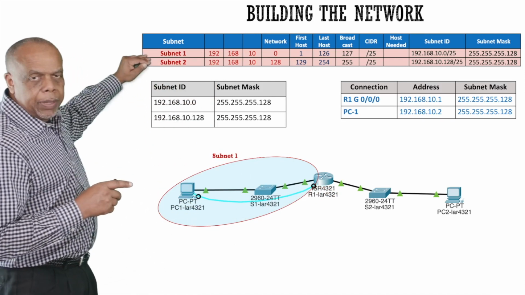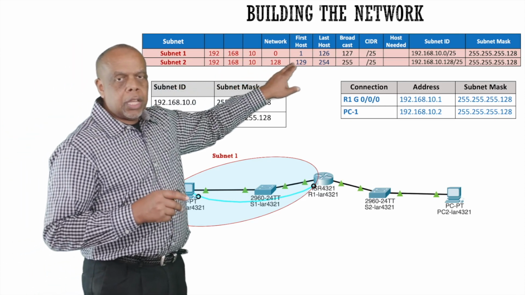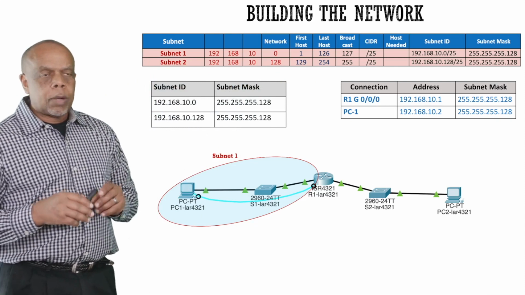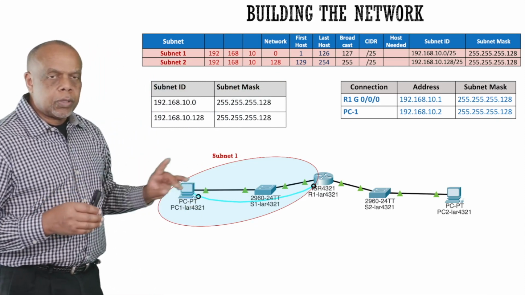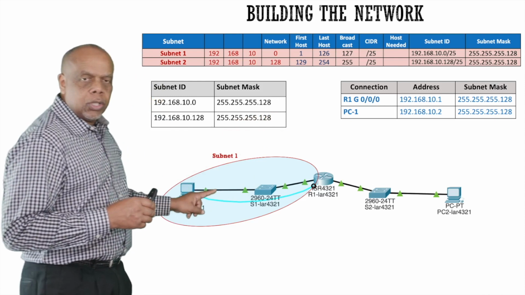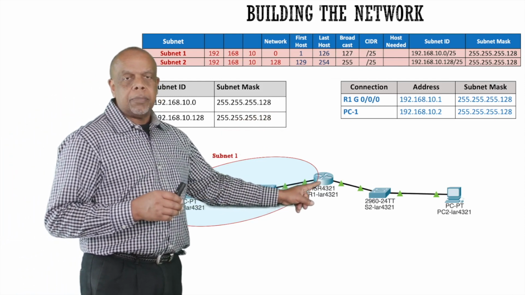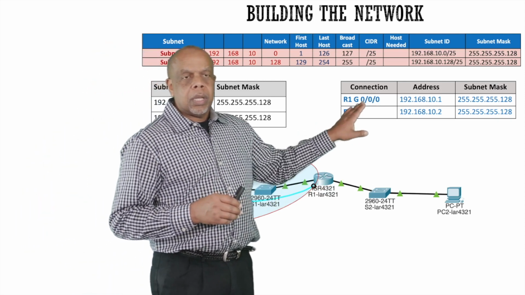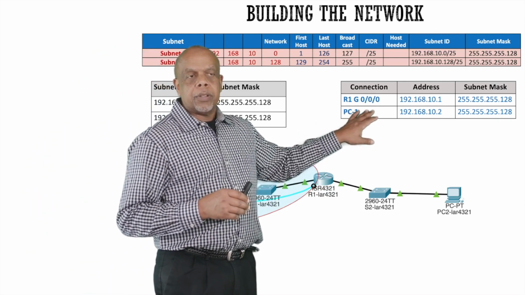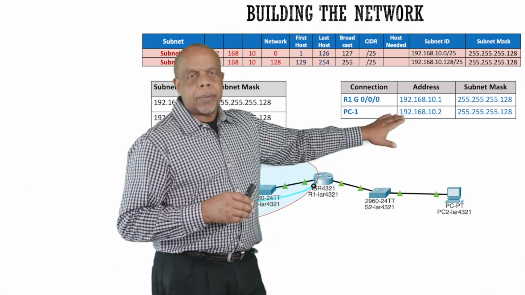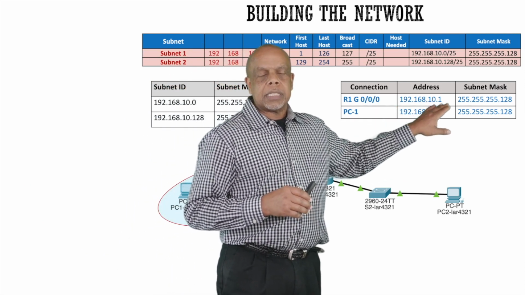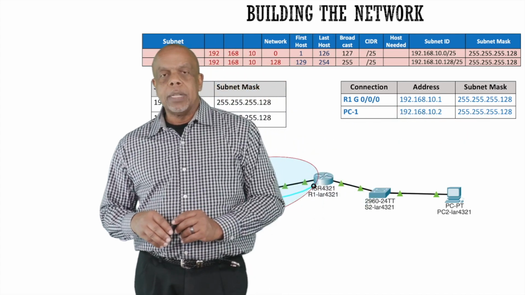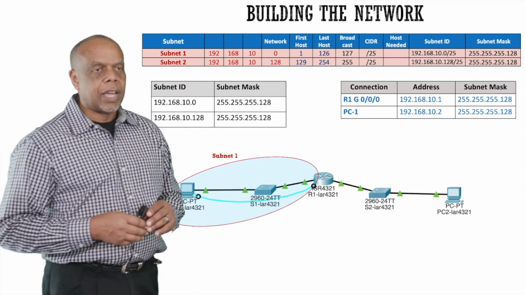All right, we know what our IP address range for subnet 1 is. The first usable host is .1. The last usable host is .126. So what am I going to do? I'm going to take the first usable IP address and assign it to the Gigabit Ethernet interface on that router, which is Router 1, GigabitEthernet 0/0/0, and I'm going to assign it the 192.168.10.1 IP address with the subnet mask of 255.255.255.128.